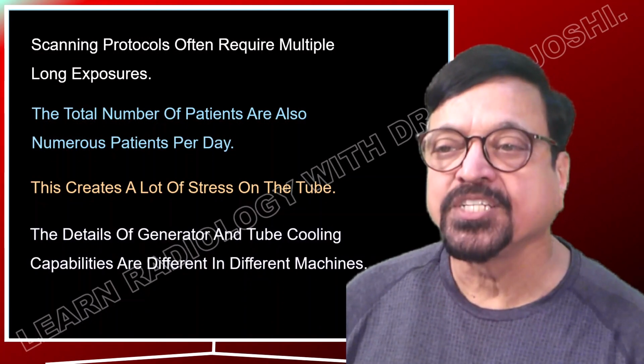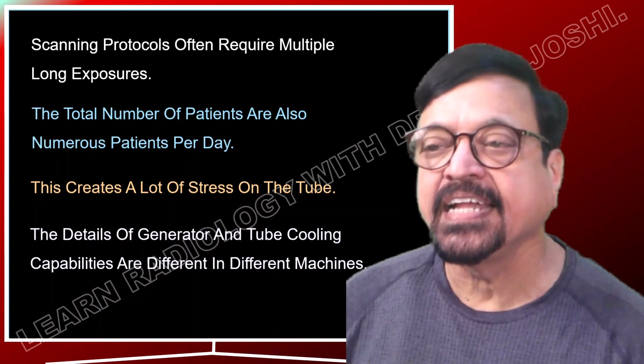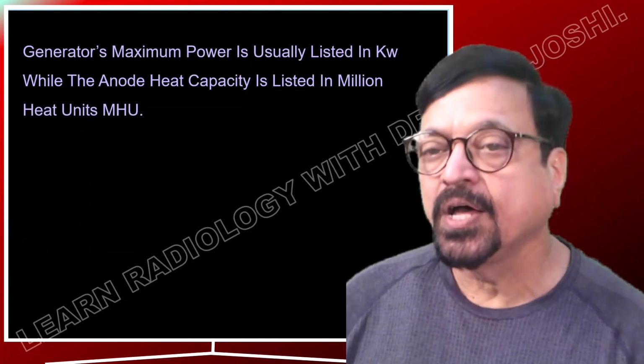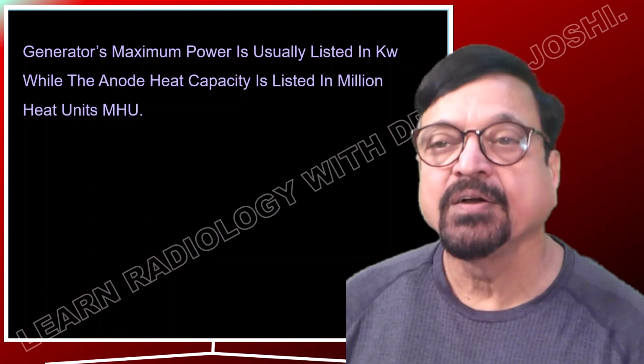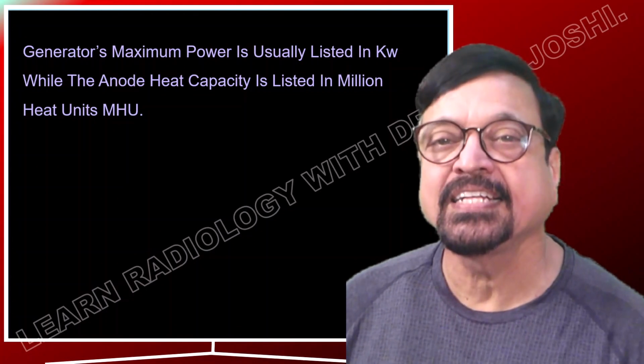The details of the generator and tube cooling capacities are different in different machines, and with that they give you something like tube calibration, where we can do rapid sequence X-rays, rapid sequence CTs, or longer time CTs.